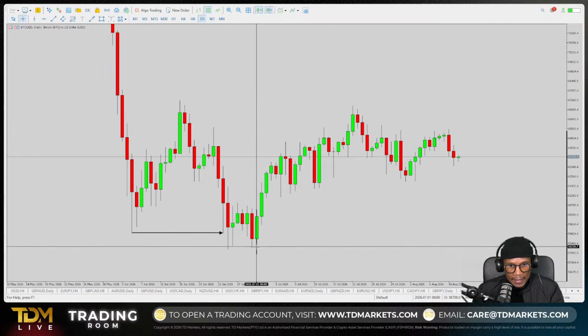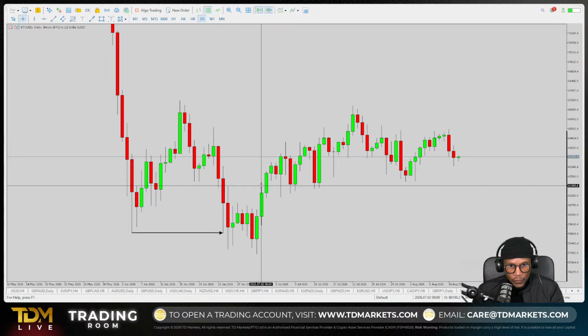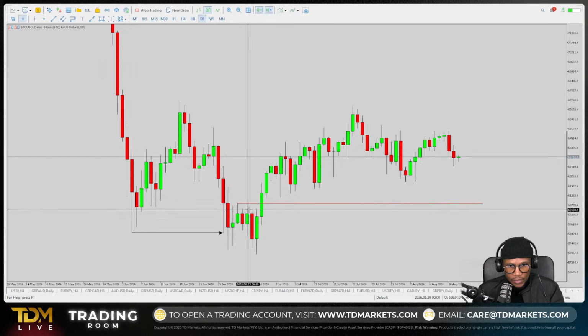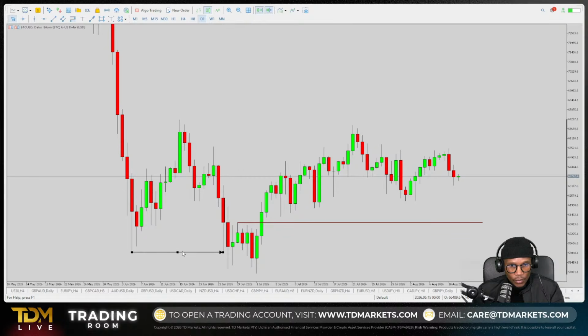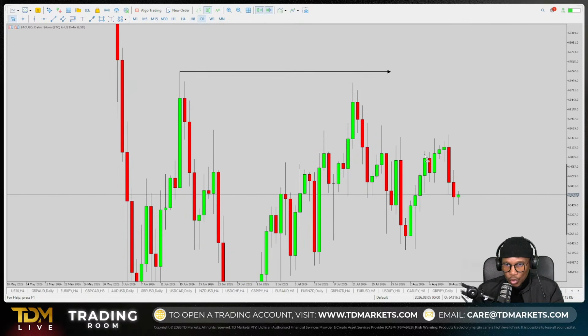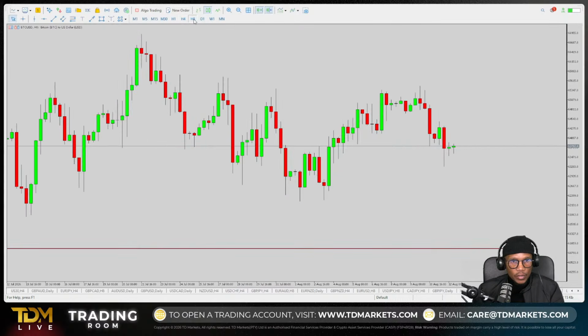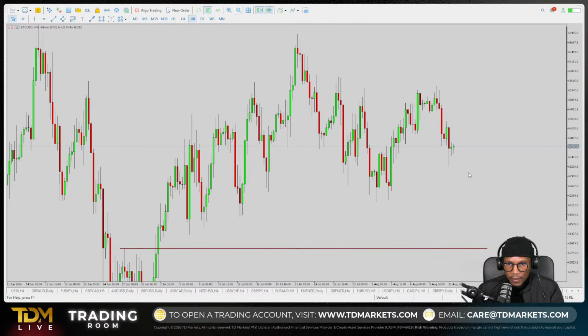Price spiked, pushed up, and broke structure towards the upside. So we have this structure here, and this zone basically here. Now price is trading in between this structure and this low right here. So let me go to the 4 hour and see what's happening there.